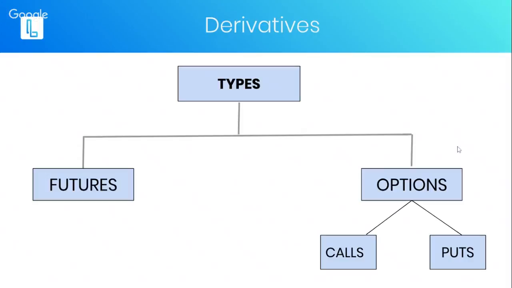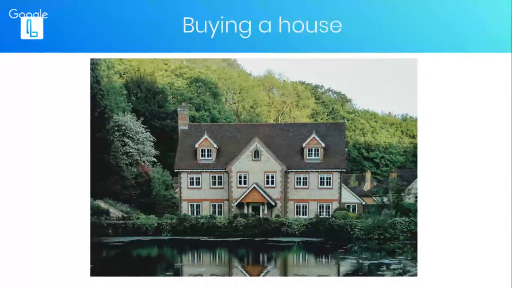Let's understand this with a live example. Let's think you're going ahead and buying a house, and this house is going to cost you 5 crore. You decided that you wanted to buy this house. So you go to the owner of the house, who is also the seller and wants to sell the house, and tell him you want to buy it.